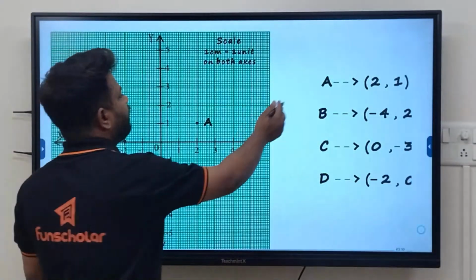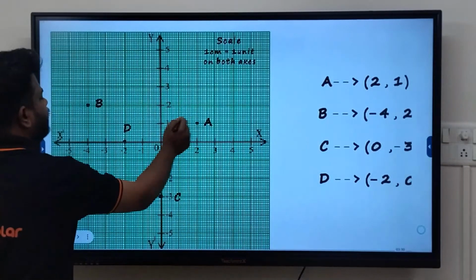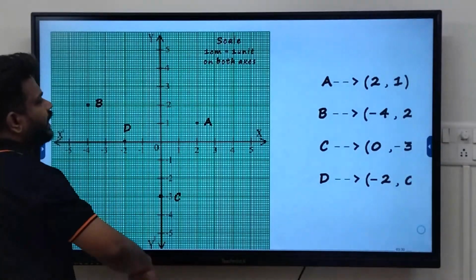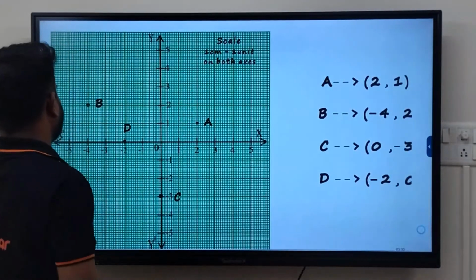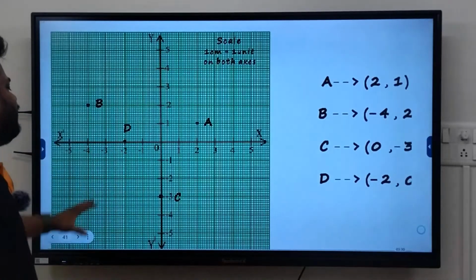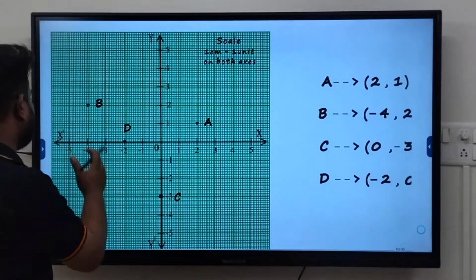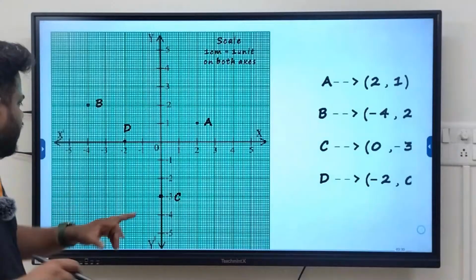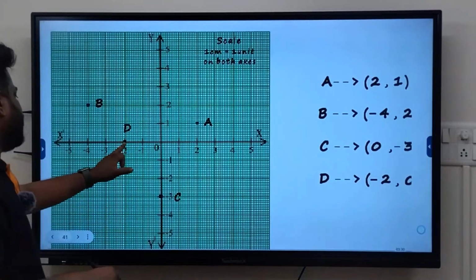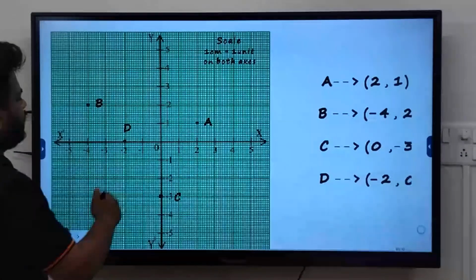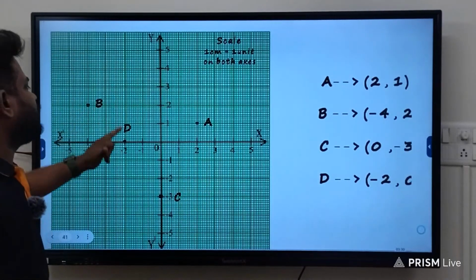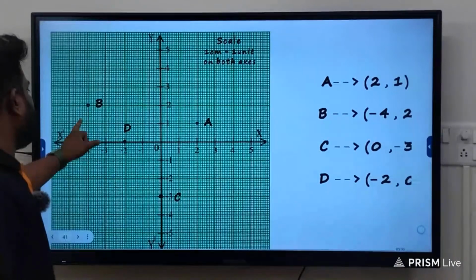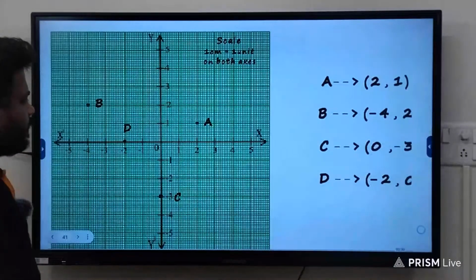If this is point A, the coordinate of A will be 2, 1. If this is B, the coordinate will be, and maybe it is a little hazy to look at, but if this is 0, this is -1, -2, -3, -4, -5, and this is 1, 2, 3, 4, 5, then B point's coordinate will be -4, 2.